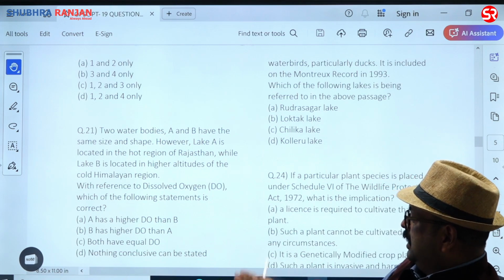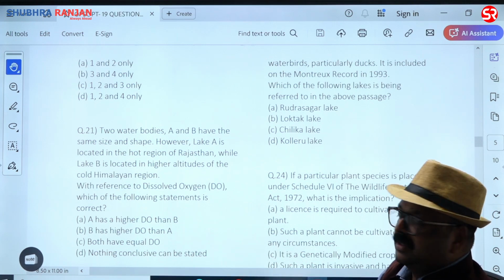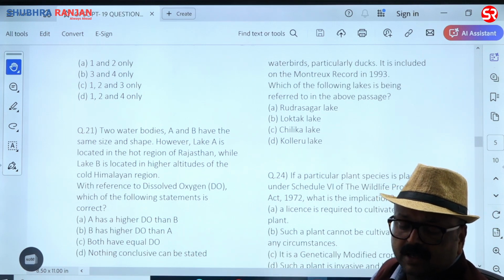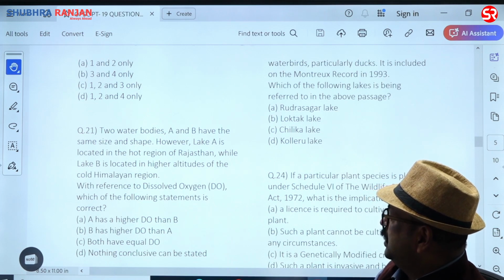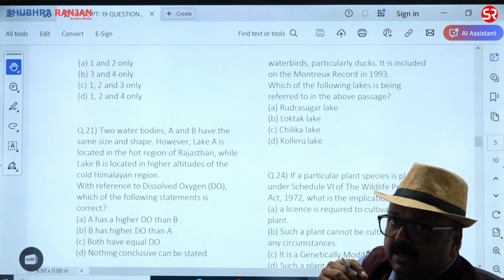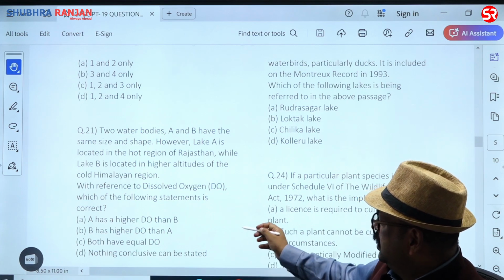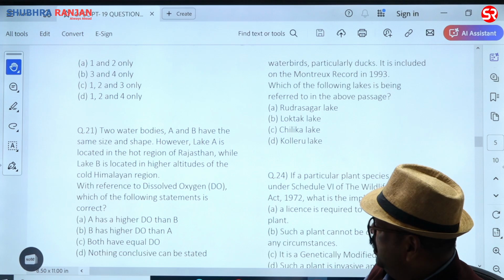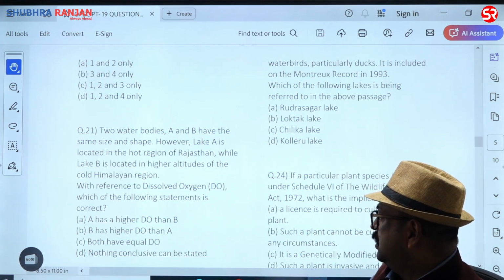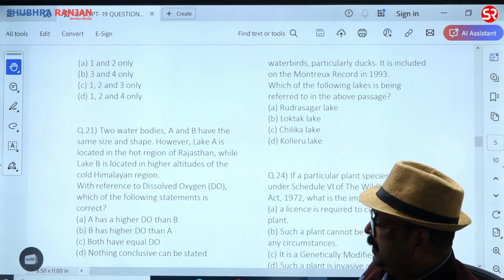So rather than going with other options, nothing conclusive can be stated is going to be the best option. But yes, this question gives you an idea about the factors which affect dissolved oxygen. So 21, I will go with D. Nothing conclusive can be determined basically.